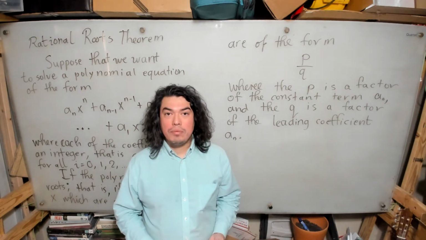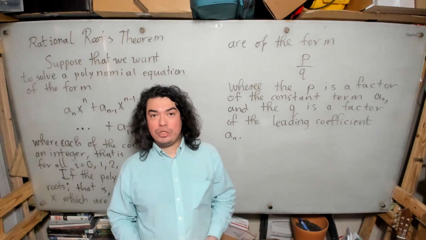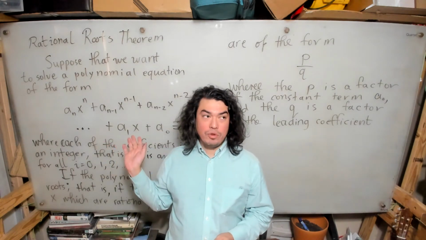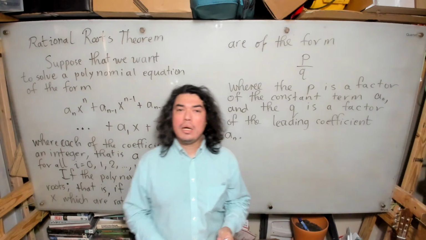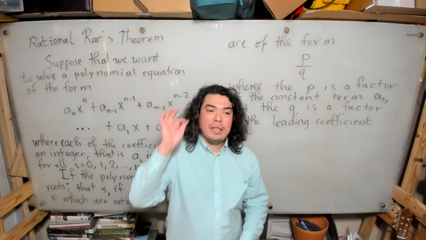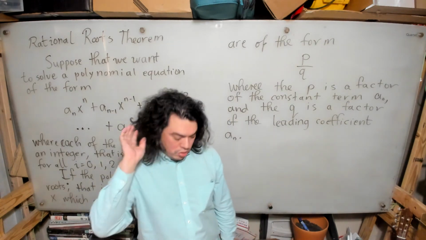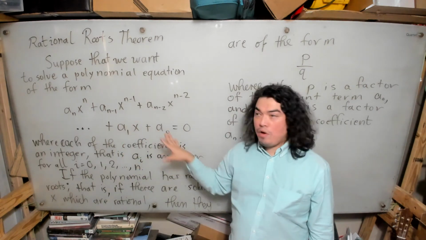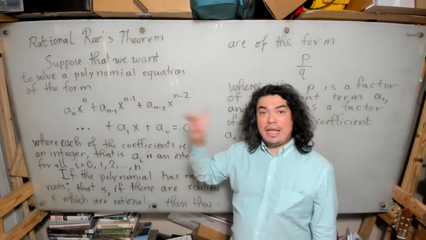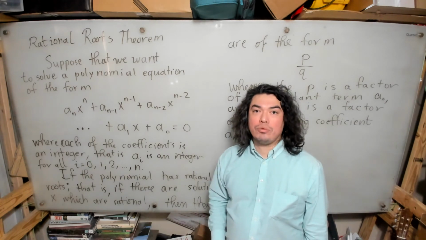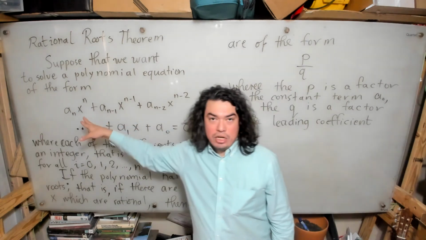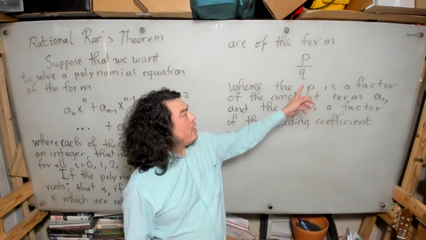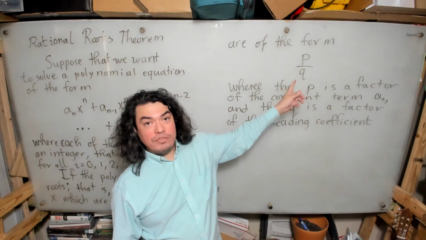It's possible that the polynomial only has rational roots. So this theorem doesn't tell us what kind of roots the polynomial has. But what it does say is that for any polynomial equation that can be written in this form, where the coefficients are integers, then if the polynomial has rational roots, if the x's, in other words, that make this equation true are rational, then they are going to be of this form.